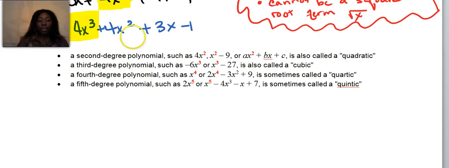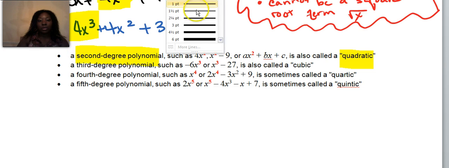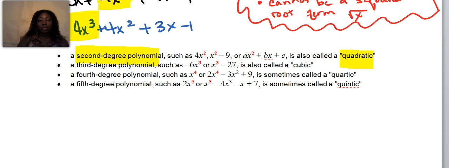A second degree polynomial is called a quadratic. Third degree is called a cubic.